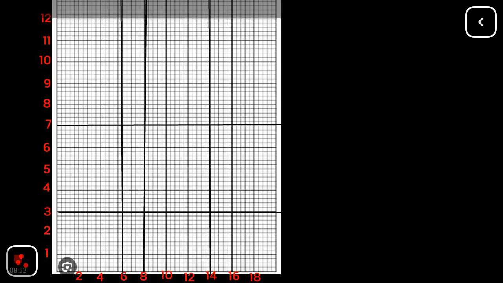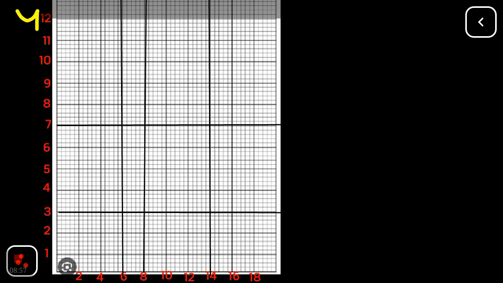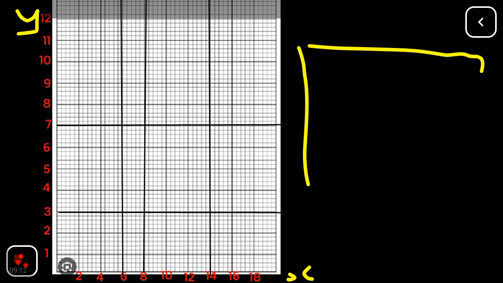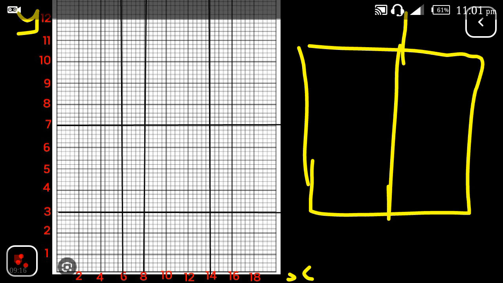So let's say this is our mass graph, and this is our y-axis, and this is our x-axis, right? When you're doing something like this on mass, we'll be given a table of values which we're going to be plotting. Let's say this is our table of values, this is our y-axis and this is our x-axis.